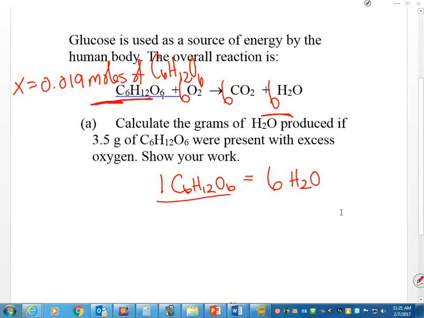I put the number I have for sugar, 0.019, and I know I have more numbers than that, is equal to x, because we want to know how many moles of water we have. So then we cross multiply. We end up with x is equal to this 0.019 times 6, right?